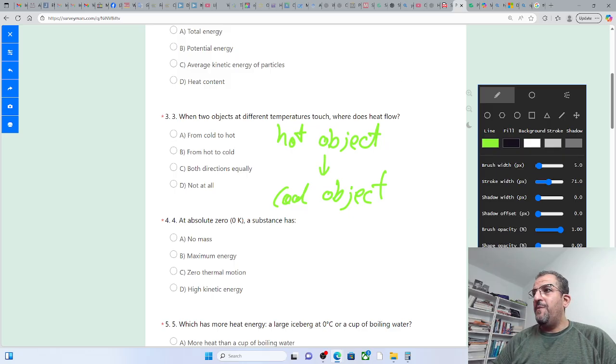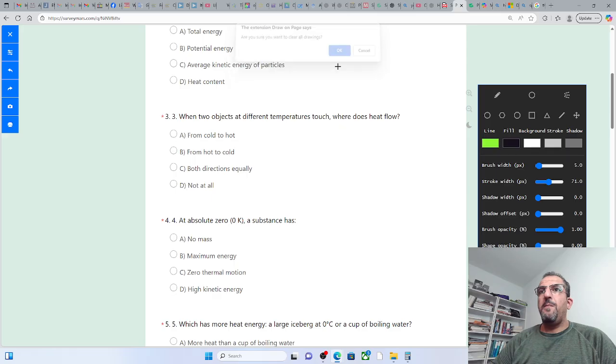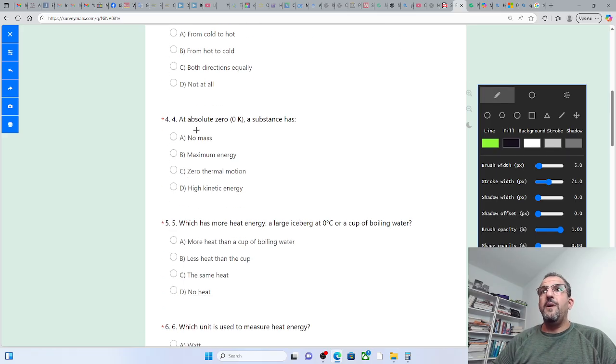Number 4, absolute zero. At absolute zero, a substance has no mass, maximum energy, zero thermal motion, high kinetic energy. So at 0 Kelvin, the atoms will have zero thermal motion, so they are not moving anymore. Okay.